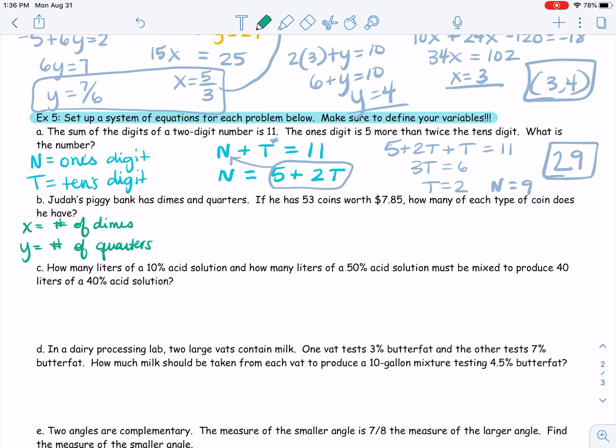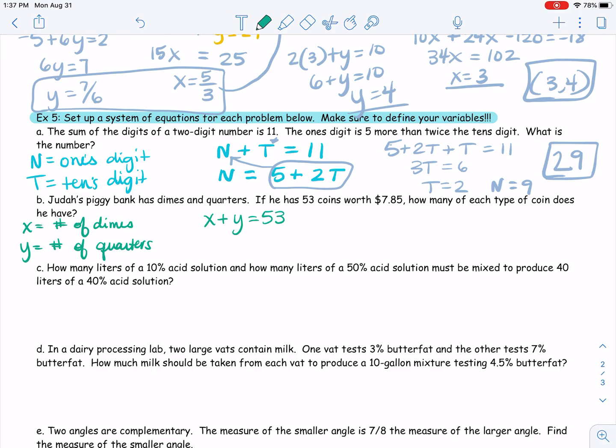Okay. He has 53 coins worth $7.85. So that means the number of dimes plus the number of quarters is 53. And we also know that it's worth $7.85.